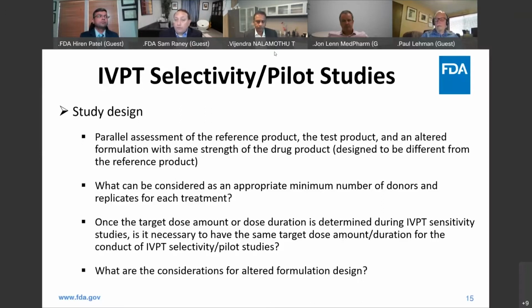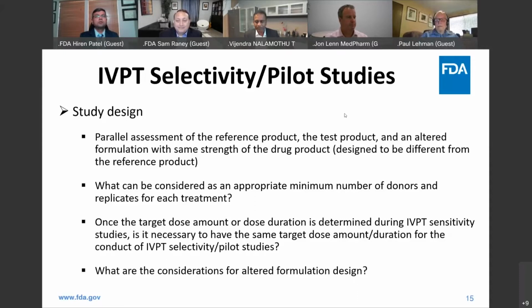And in terms of that altered formulation, if you're working with a cream, you might want to look at the altered one being a gel or an ointment or something like that. Yeah. On the altered, we can also look at the whole discussion we just had on the sensitivity. That should also give you some insights into the altered design. If the design is extremely dose sensitive or duration sensitive, you have to pick your altered formulation based on that.